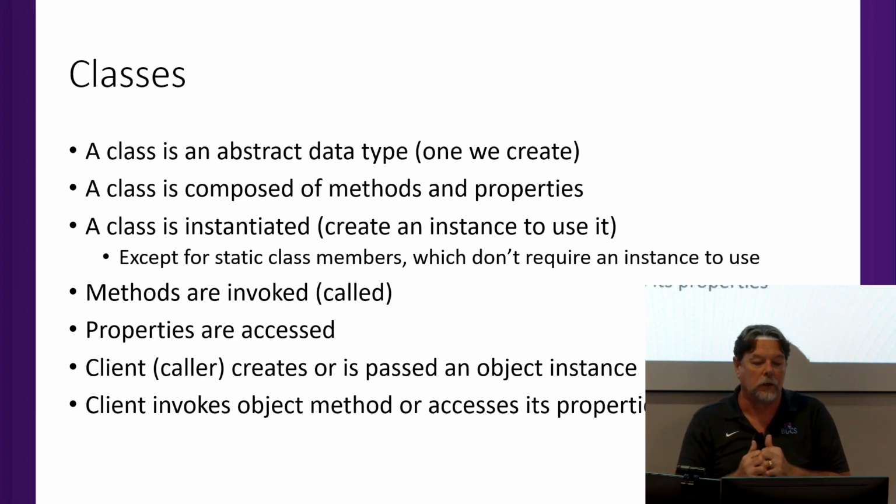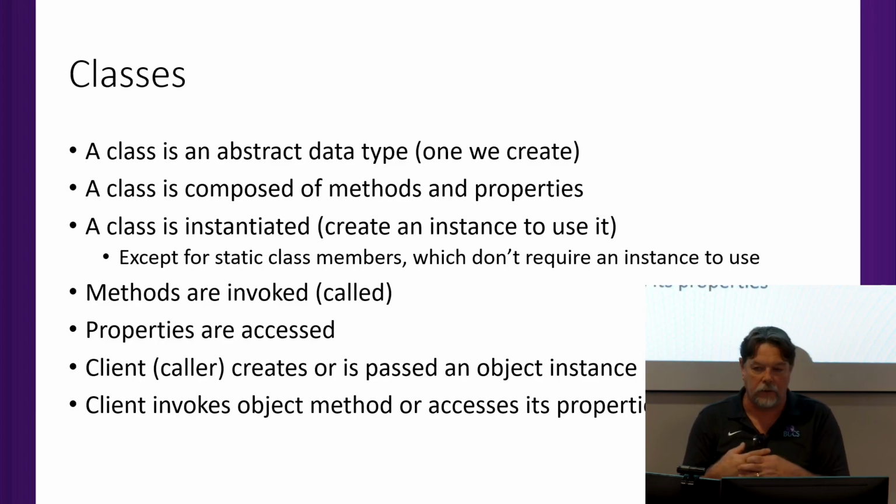We instantiate a class, create an instance of it, and except for the static class members, which don't require an instance, you can just specify the name of the class, dot, and the name of the item and access it that way. But for most classes, we're going to create a new one of those.